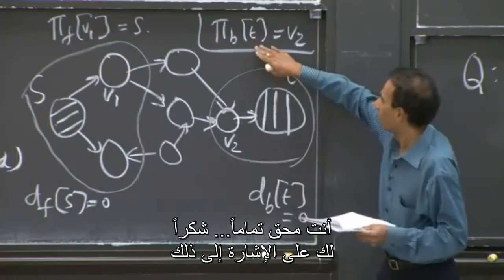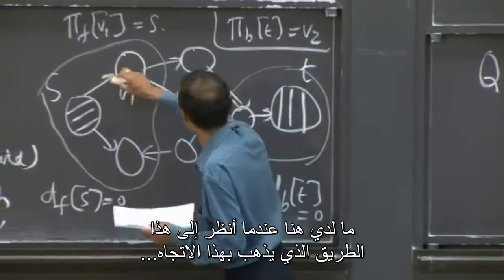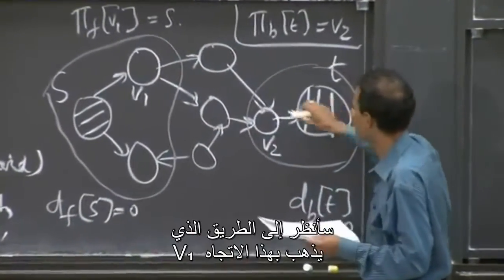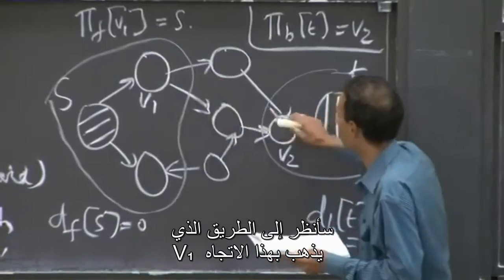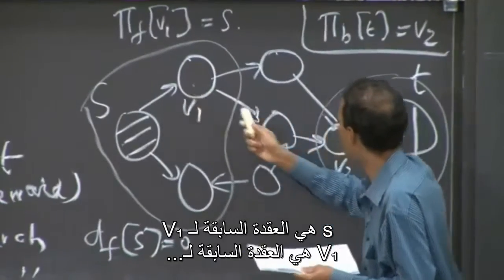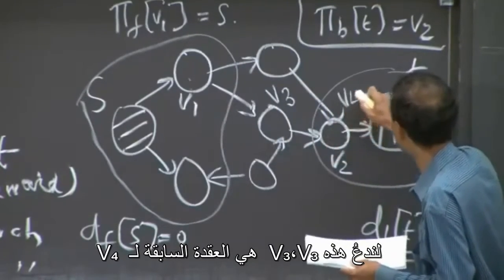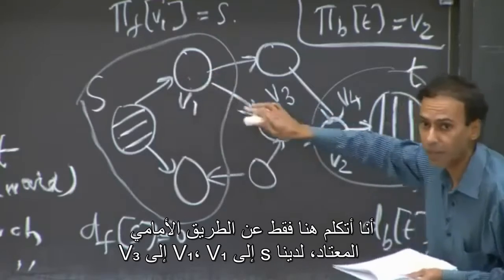All right. So what I have here is when I look at this path that goes this way, V1, S is the predecessor of V1. V1 is the predecessor of, let's call this V3. V3 is the predecessor of V4. I'm just talking about the regular forwards path.